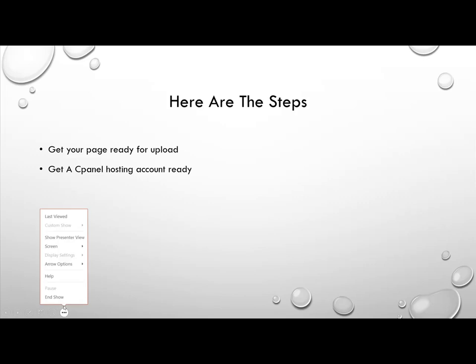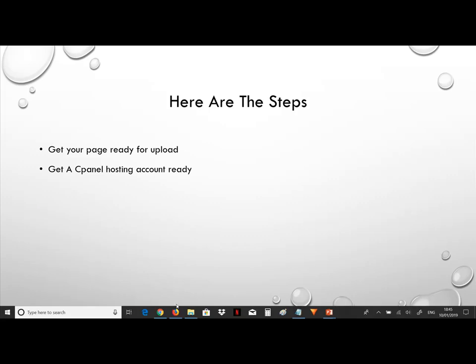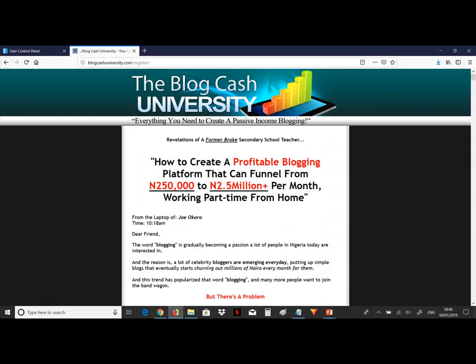To get started, you need to have your page ready, as I said earlier on. Now, I don't have a page to use, so I'm going to download one of my web pages, one of my sales pages.